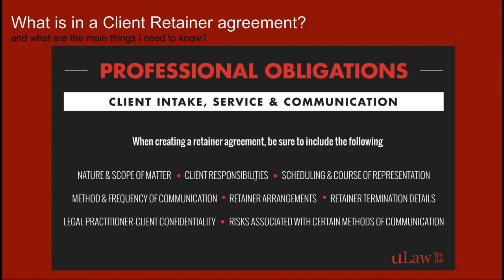Method and frequency of communication. When you're dealing with that client through that retainer letter, and you can obviously go through that retainer letter, it's definitely an important step if you can go through it in full detail with your client, but truly outline how you plan to communicate with that client moving forward. Is that through mail? Is it through an electronic communication?